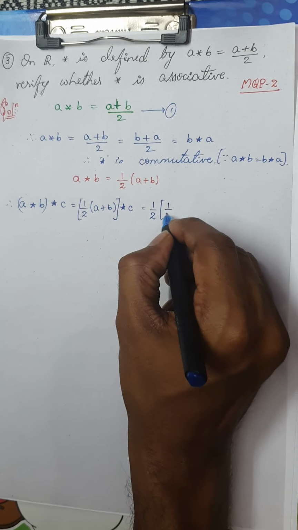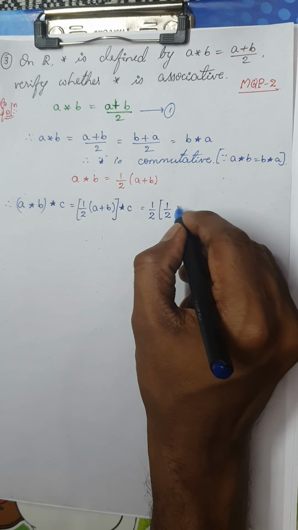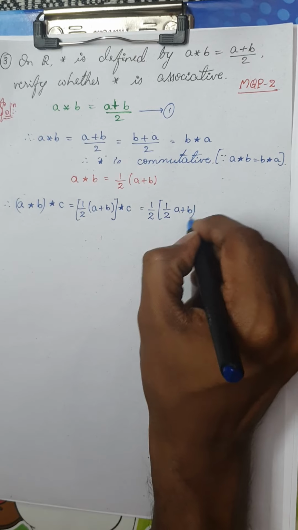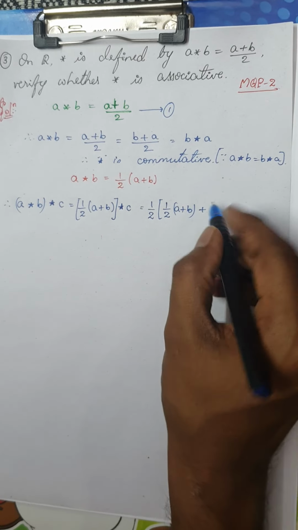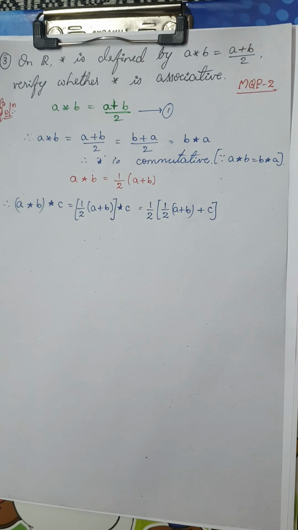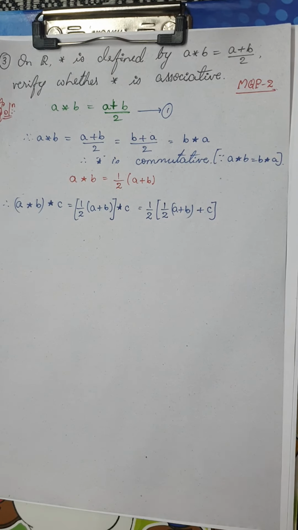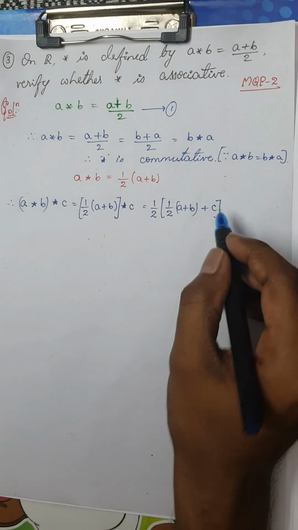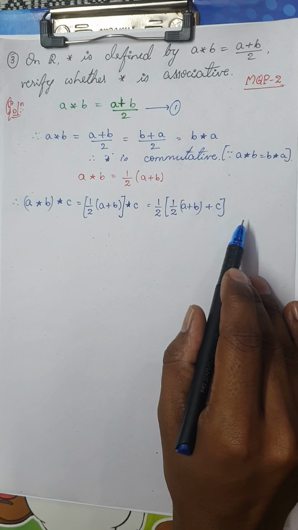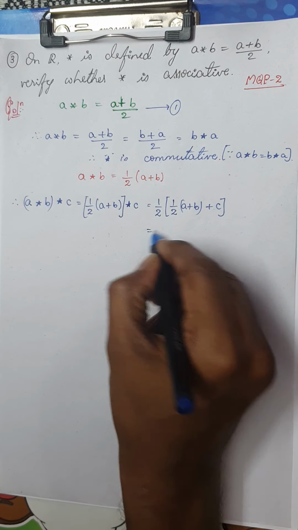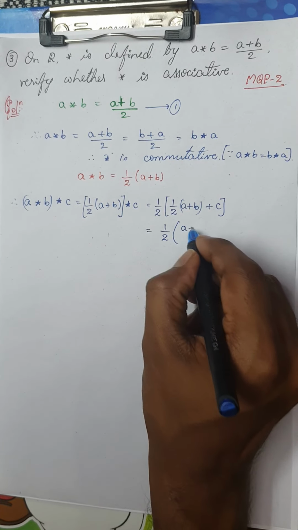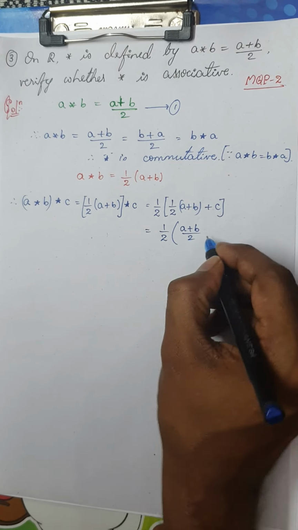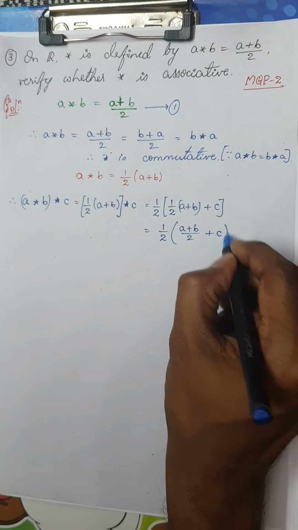First element is half A plus B. Remember, first element plus second element. Are you following? So this is actually A star B star C. If you want, you can write it as half into A plus B divided by 2 plus C.